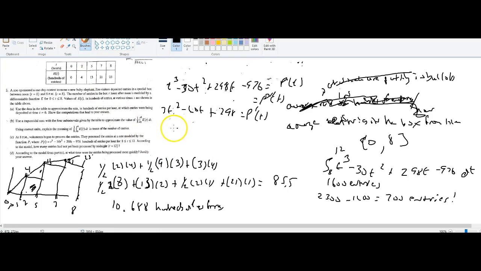Okay, so mine found values at t equals 10.816 and 9.1835.